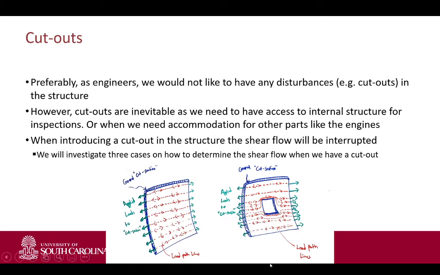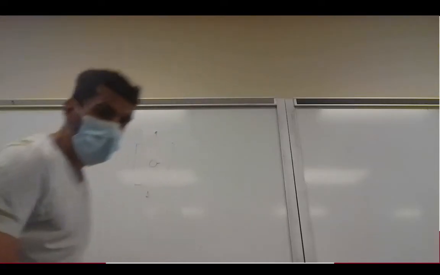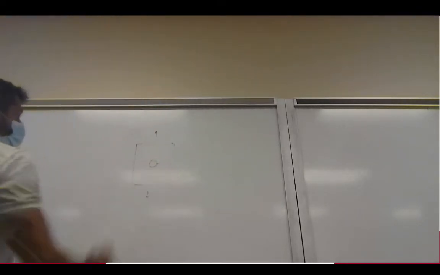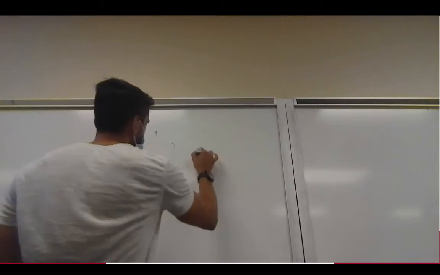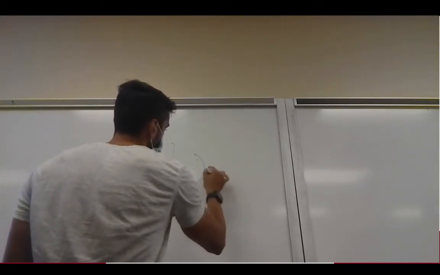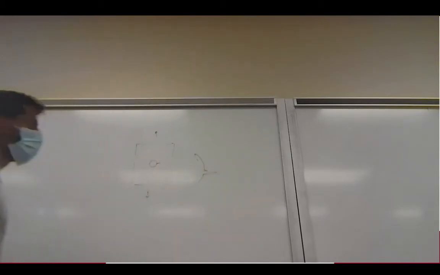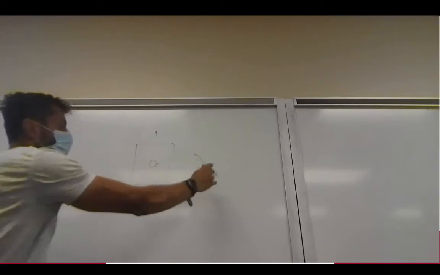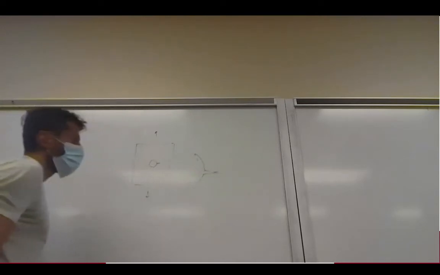Let me make sure I switch cameras. So, yeah, here's where you start your crack propagation. If you analyze this, it'll be something like this, and you can analyze the crack as an opening. Since this is cyclic loading, this will close, open, close, and the crack will propagate through the structure.